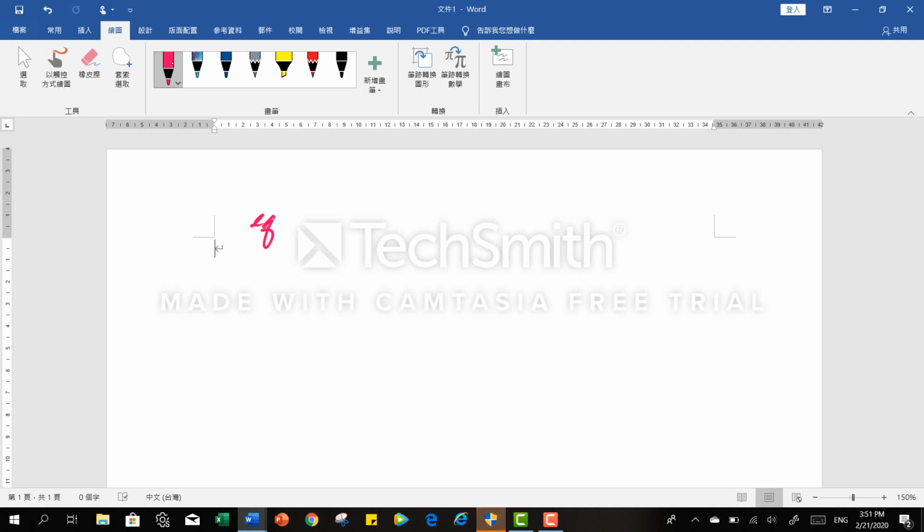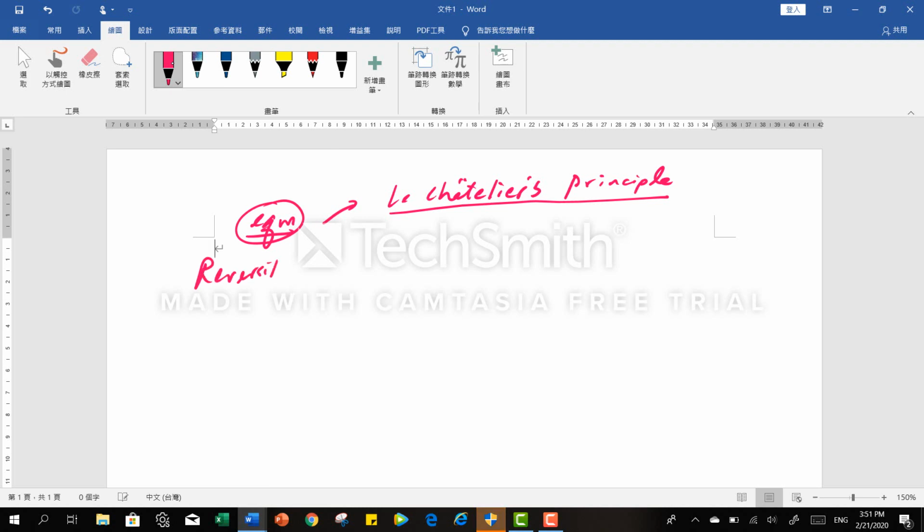So equilibrium, I think everybody knows, because we learned this topic in IGCSE, right? The most important point is you have to know Le Chatelier's principle. Do you still remember? When an equilibrium is attained, of course, when we are talking about equilibrium, we are talking about a reversible reaction, right?